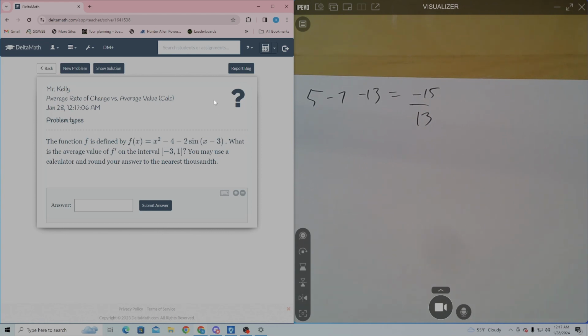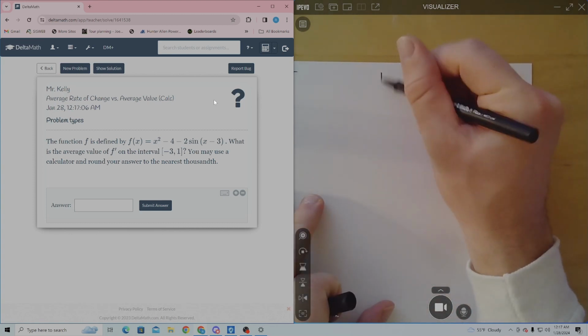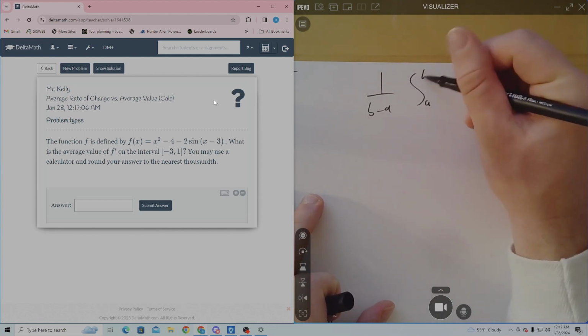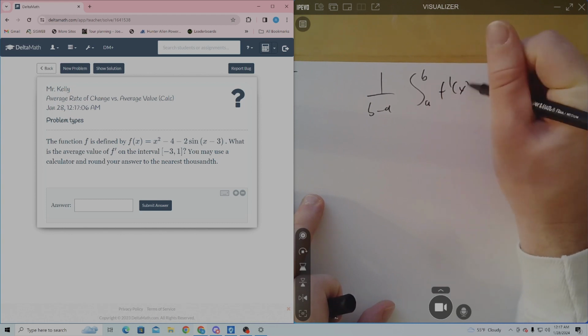You know the formula for average value is 1 over b minus a, integral from a to b of something. It depends on what you're trying to find the average value of. If I were finding the average value of f of x, this would be f of x. But I'm trying to find the average value of f prime of x, so in here we put f prime of x dx.